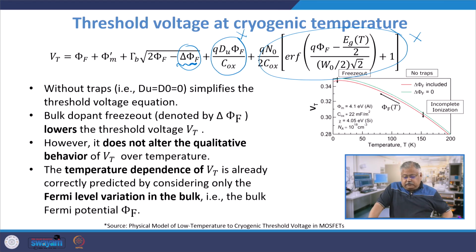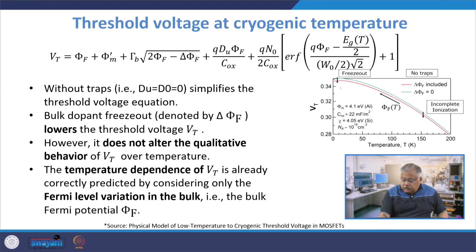Interestingly, and this point is very important, you should note down, though I can show it to you here. Just concentrate at this edge where you are somewhere around 4.2 Kelvin or 5 Kelvin. There not only do you have incomplete ionization coming into the picture, but you also have freeze outs. Freeze out will ensure that the red line, where del phi f was included, will be still lower as compared to the green one where you have not considered it.